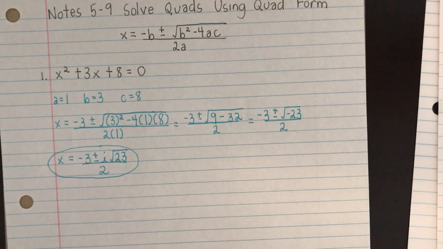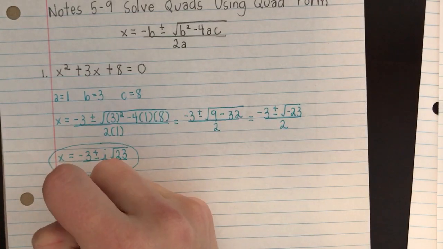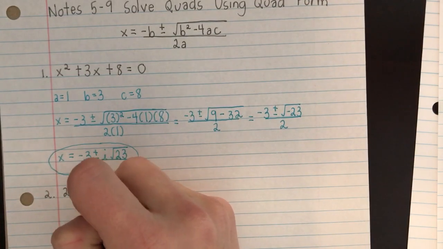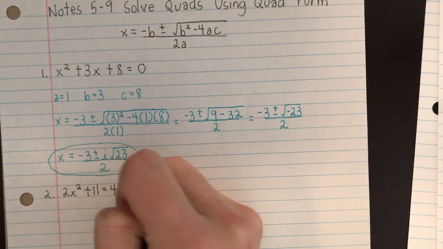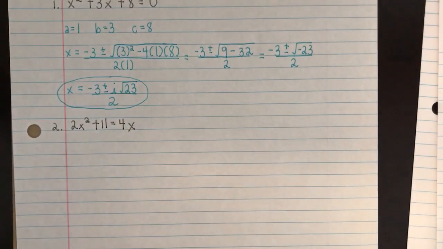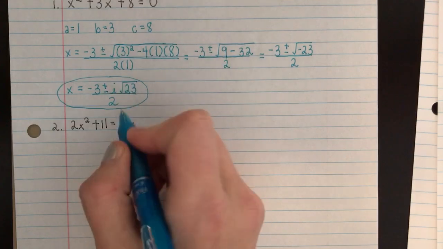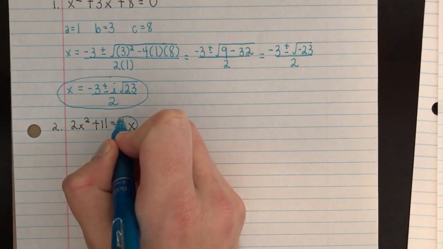Okay, let's look at another example. Example number 2: 2x squared plus 11 equals 4x. The problem with this quadratic is it's not in standard form. So I need to either move both of these two terms over to the right or just move this term over to the left.